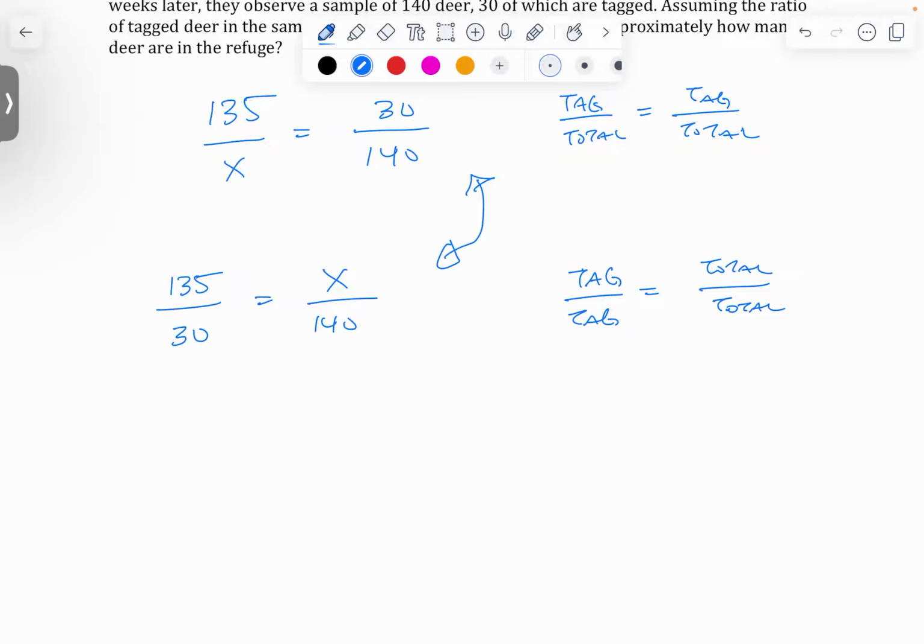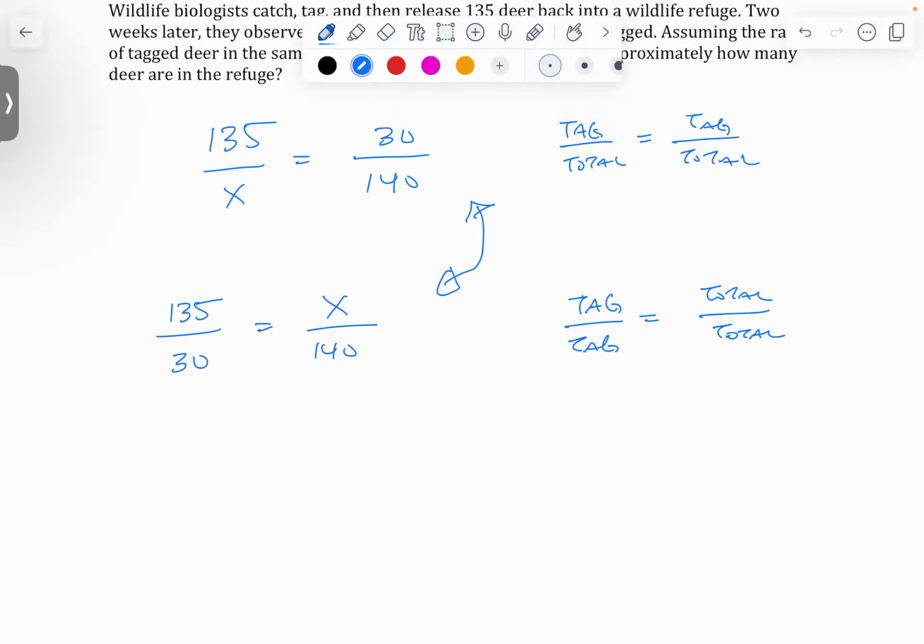Now, be aware that I like this first method because 30 tagged out of 140. This one, you have to make sure that these numbers line up, that the 30 tagged and the 140 are both in the denominators.